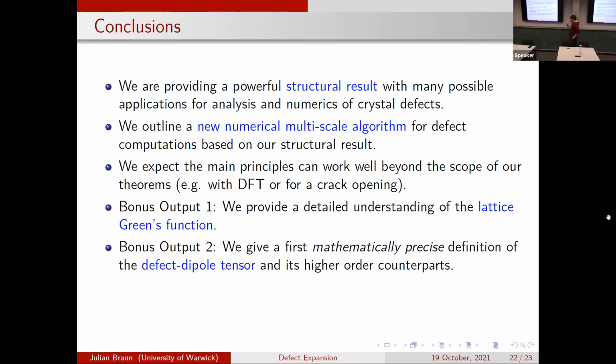And another bonus output is that we now have a mathematically precise understanding of what the defect dipole tensor is, which is really one of the most important physical quantities, and probably the most important physical quantity in point defect physics. And we have higher order counterparts as well. And once you have a precise mathematical definition and a framework to work in, you can then think about different ways to compute it.